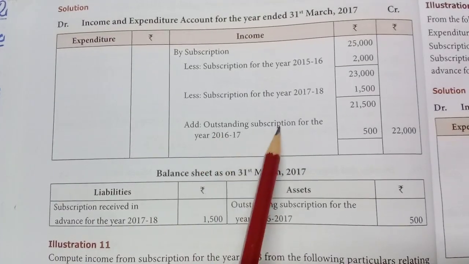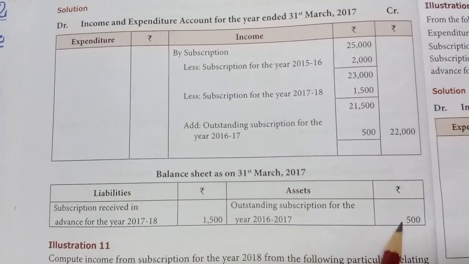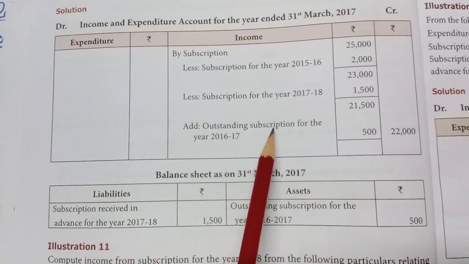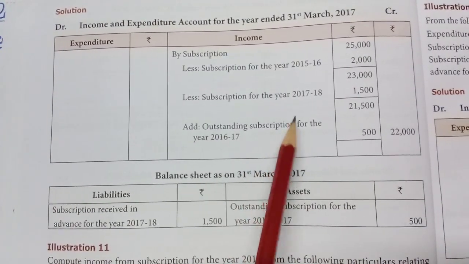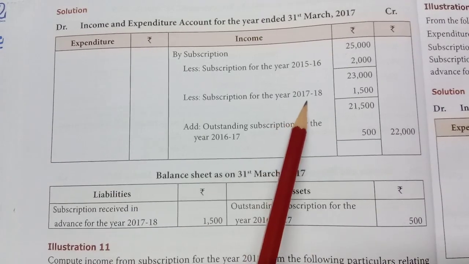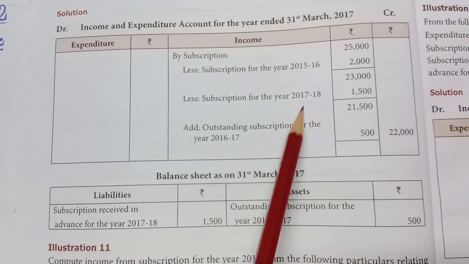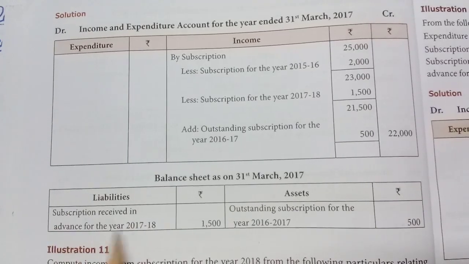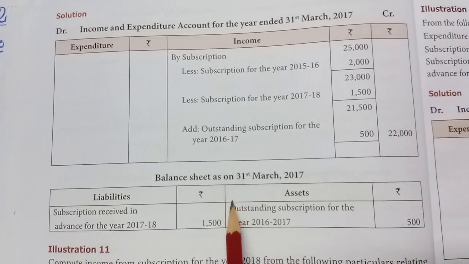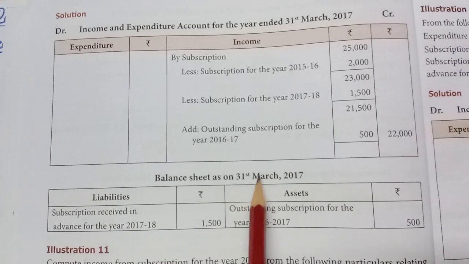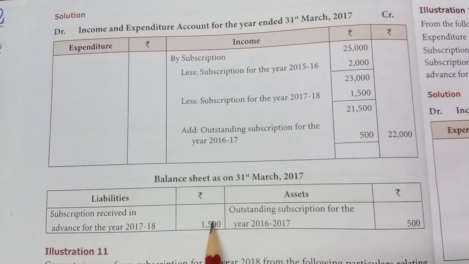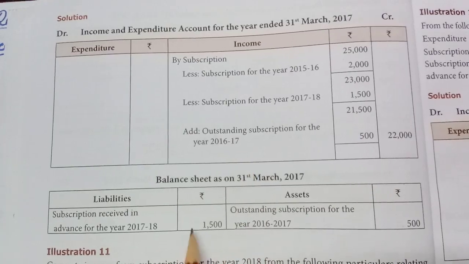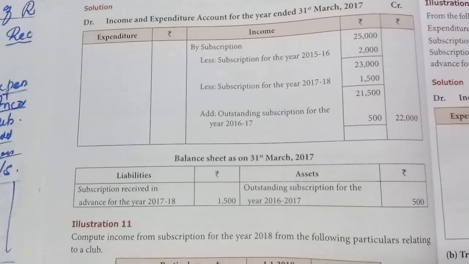Here outstanding subscription of 16-17 is an asset. Then subscription received in advance: you see 17-18, next year's we have received this year. That should be written on the liability side. I think you might have understood this as per the previous one. That's why I have shown this in the book itself. The next one I will do and show.